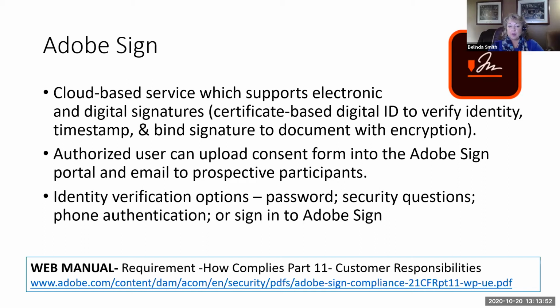Authorized users can upload the consent into the portal and email that to prospective participants. There's various options for validating their identity. Once again, though, if you look at the manual, there'll be 2 columns. One goes through every key part of Part 11 and how the system is compliant. The other column, once again, goes into the customer responsibilities.